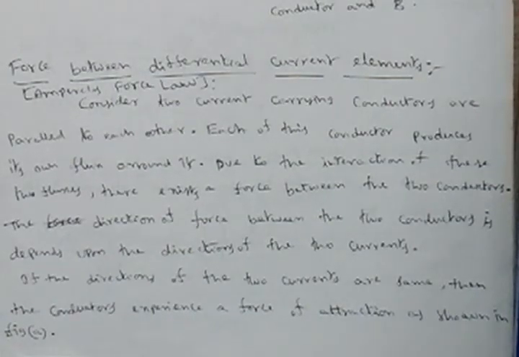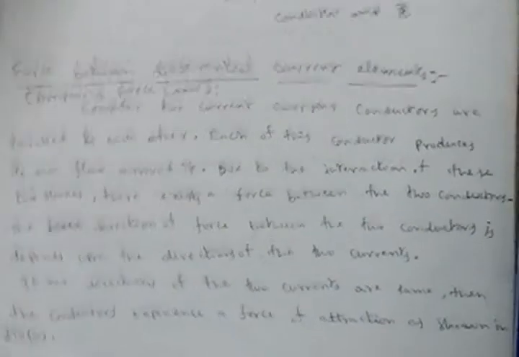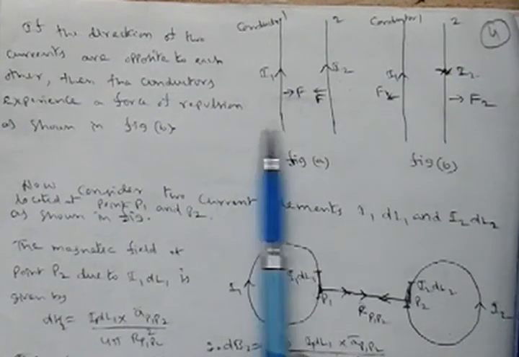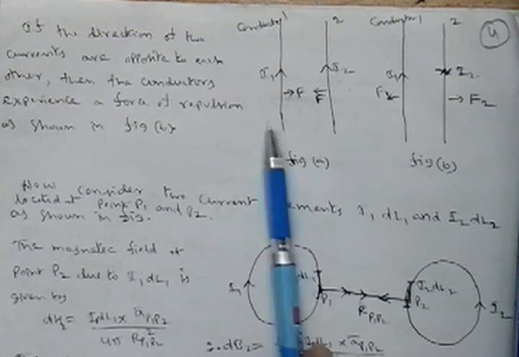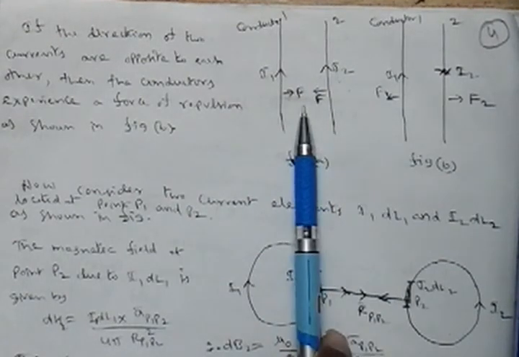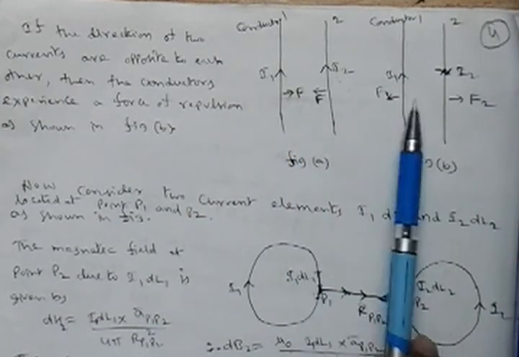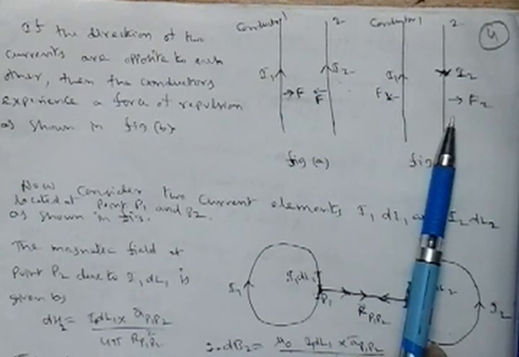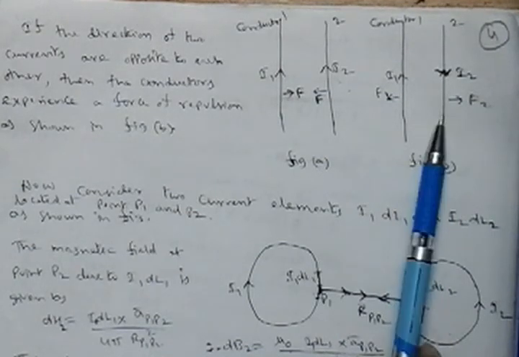If the currents are in the same direction, the conductors experience a force of attraction, as shown in the figure. If the currents are opposite to each other, the conductors experience a force of repulsion. In case 1, both currents are in the same direction, so there is a force of attraction. In the other case, conductor 1 current is upwards and conductor 2 current is downwards, so there is a force of repulsion.